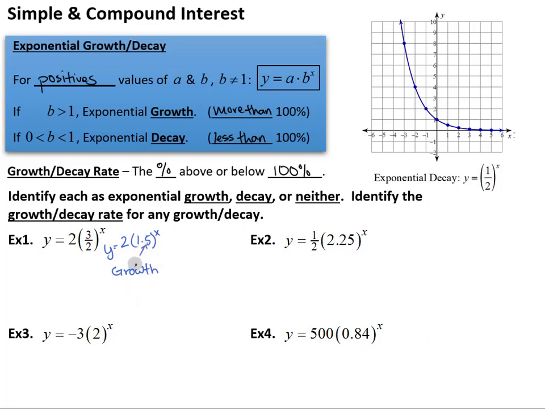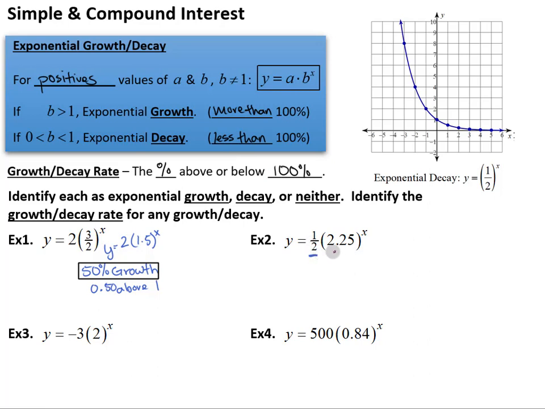We're above 100%, right? We're above 1. Well, how far above 1 are we? We are 0.5 above 1, and remember this really represents 50%. So this is a 50% growth rate.